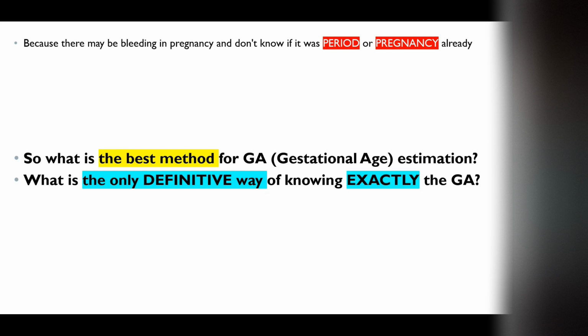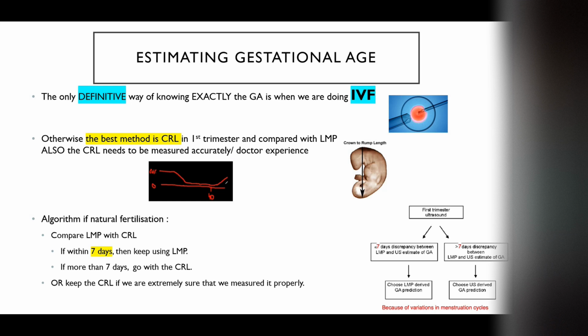There's only one way to know exactly, what? Exactly. So you're correct. The answer was IVF. When you do IVF, that's the only definitive method to know exactly which second the fertilization happened.